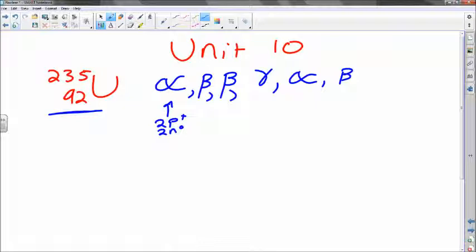The mass is 235. So let's write that down here. For each alpha decay, you lose a total of 4 things, 2 protons and 2 neutrons, for a total of 4. So for the first alpha decay, you're going to lose 4. And for the second alpha decay, you're going to lose 4. Okay?